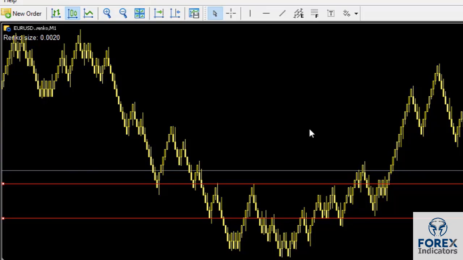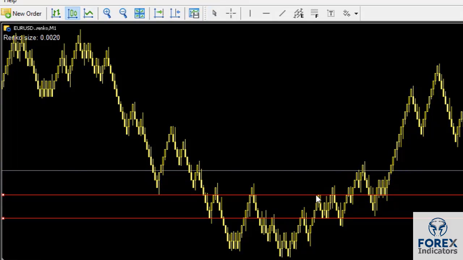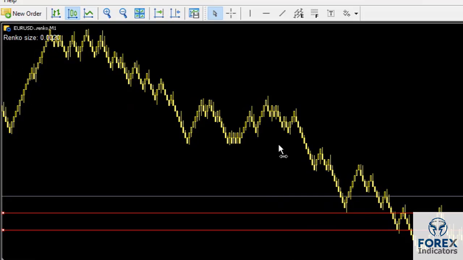We can start from here, and we can move this one over here as well. So this was a huge area. It could have taken support from any of this area, and look at this move now. It went back down to this area and all the way up to this region. See, that is how you play with Renkos and the support and resistance.